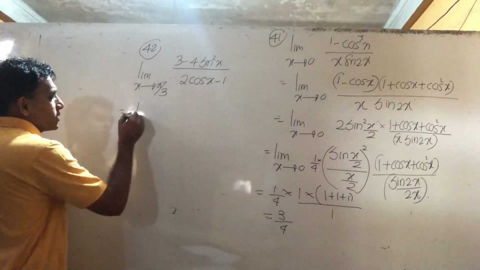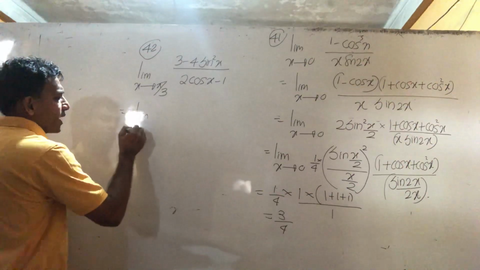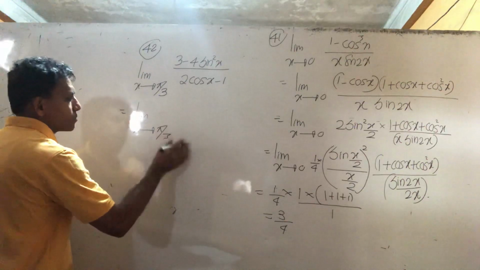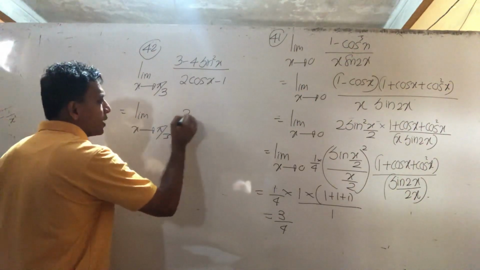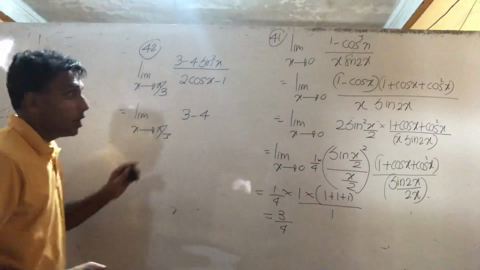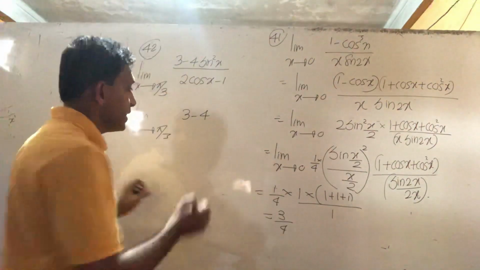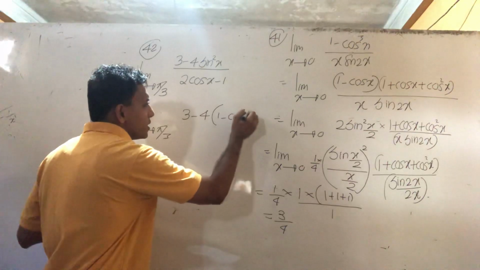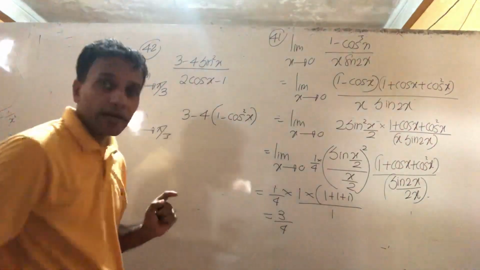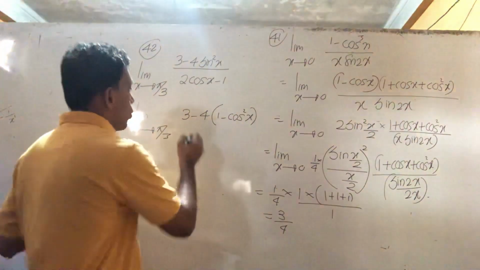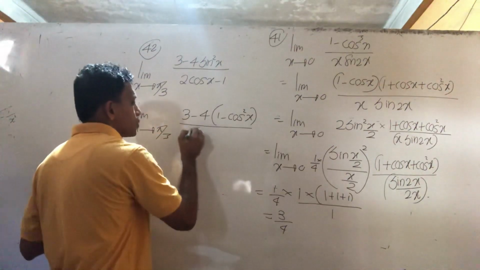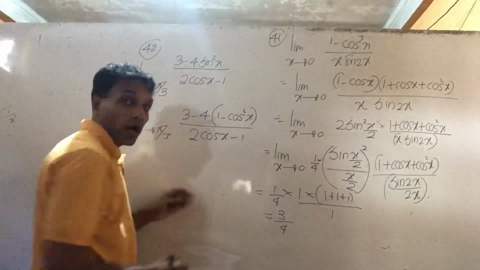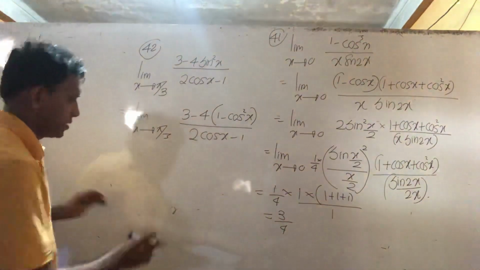So limit x tends to pi by 3, 3 minus 4 into, what is sine square? It is 1 minus cos square, is it? Sine square is 1 minus cos square, over 2 cos x minus 1.